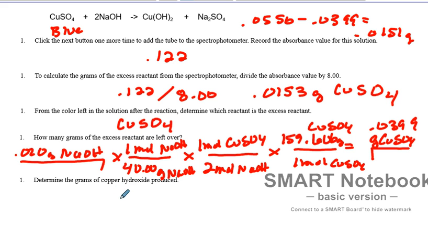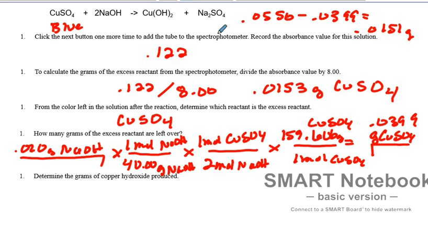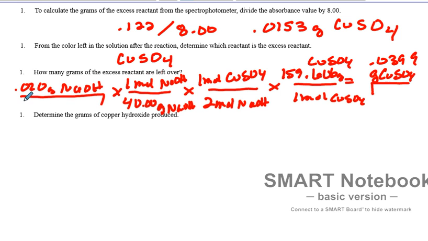Now, our last question is to determine the grams of copper hydroxide produced. Now we're going to do a stoichiometry between the sodium hydroxide and the copper hydroxide produced. Let me see if I can move this up so we can have space to do that. Now remember, it's a 2 to 1 mole ratio there. So all of this is going to stay the same.